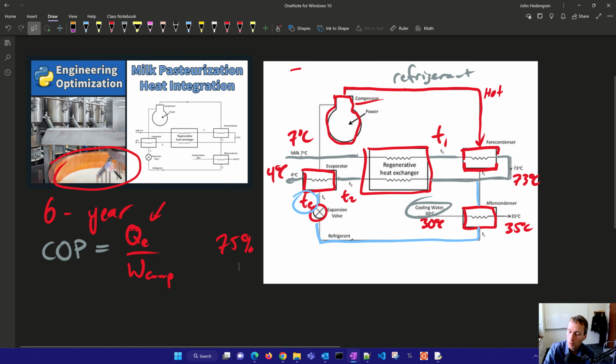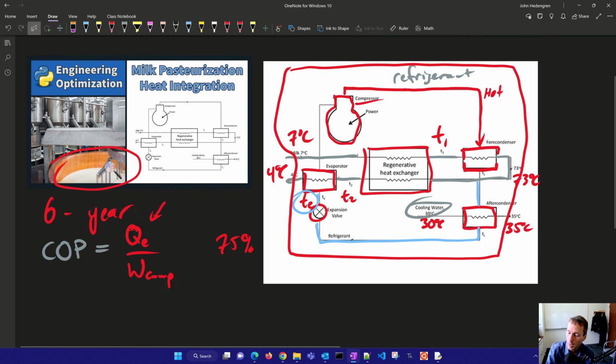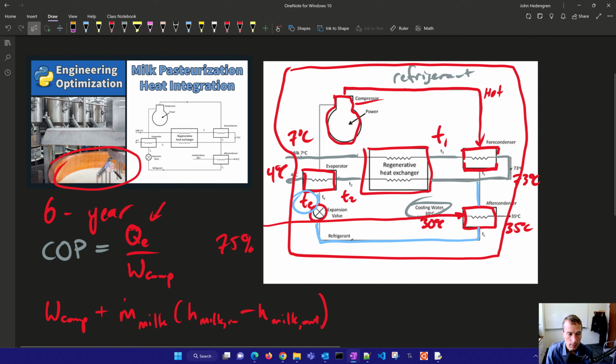Also, if we put a total energy balance around this whole system, where the milk is coming in and out and the cooling water is also coming in right here, and look at all the inlets and outlets, we'll have the work of the compressor plus m dot, the mass flow rate of the milk, times the enthalpy of the milk in minus the enthalpy of the milk out, equal to the mass flow rate of the water times the enthalpy of the water in minus the enthalpy of the water out.